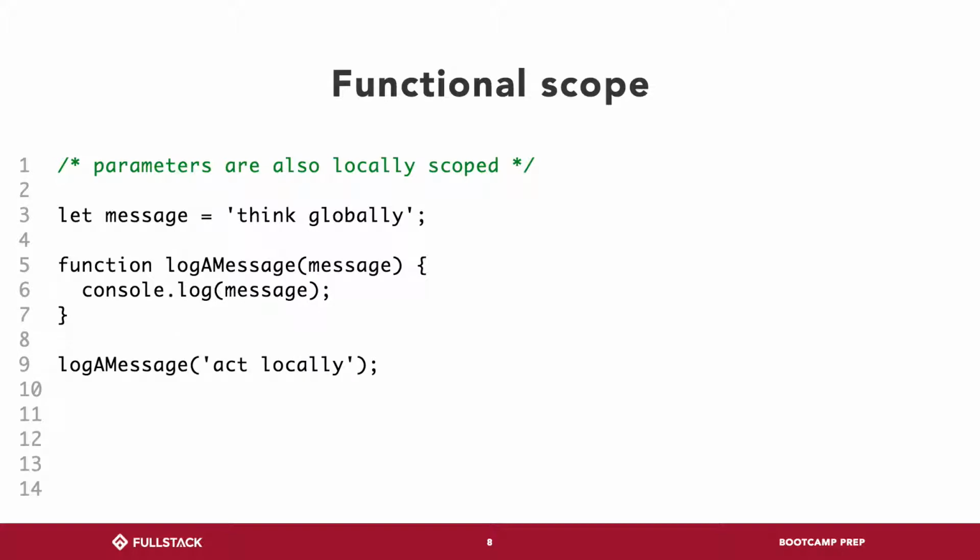If you just did log a message below it, without the string inside it, but you still had that one above it, would it call act locally, because act locally was already inside that log a message and related to that function? That's a good question.